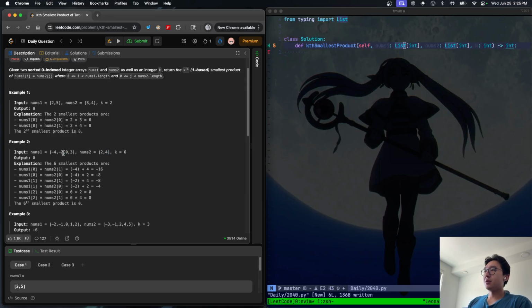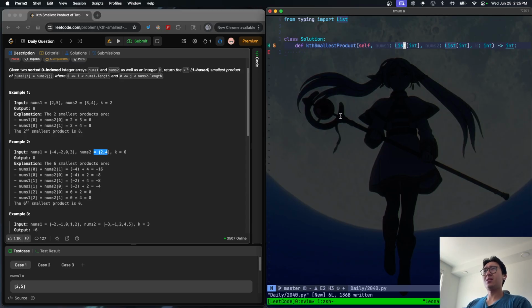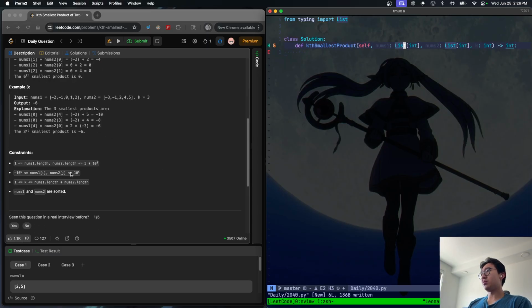You divide the k by this, and then you also have the remainder of this division, and then you're gonna do nums1 at index the division, which in this case is 3 minus 1, so 0, 1, 2, times nums2 at index length minus remainder, right? Is that it? I'm scared because it seems too easy to be true, honestly.